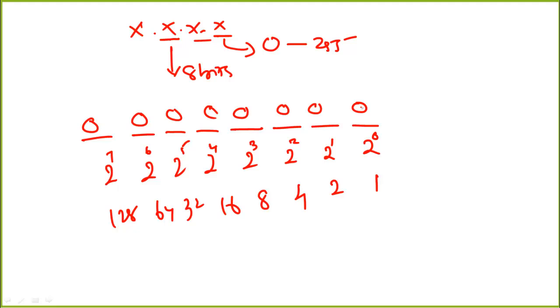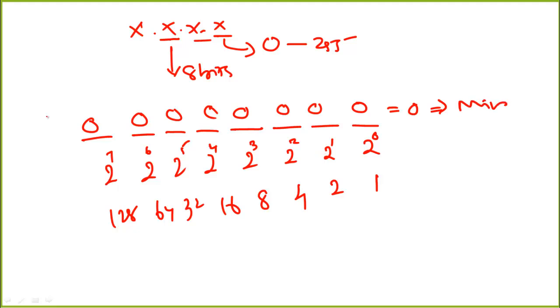But the minimum possible value in these 8 bits is 0. If you multiply 0 with 1 you get 0, 0 with 128 is 0, and if you add everything together you get only 0. So 0 is the minimum value.